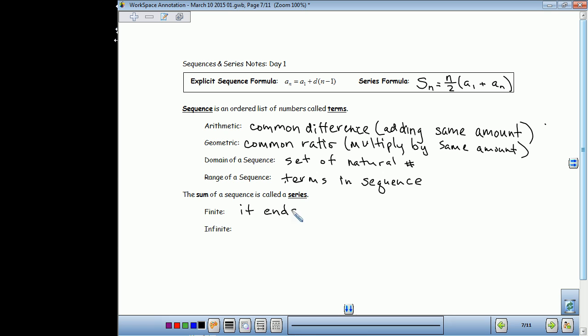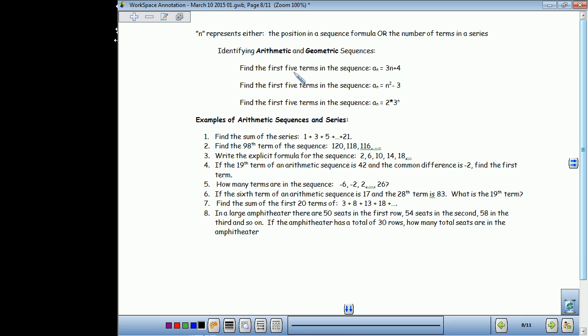What does infinite mean? Does not end. Okay, and this one's interesting. Can we add it up if it doesn't end? So there's our teaser for tomorrow. Come back to find that out.